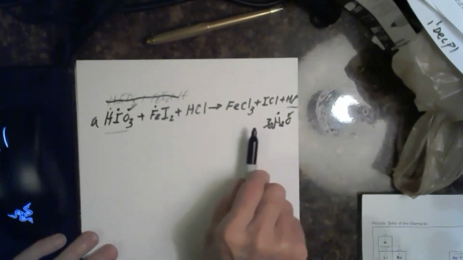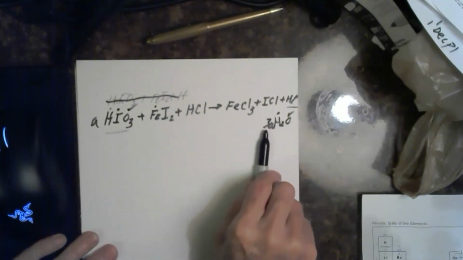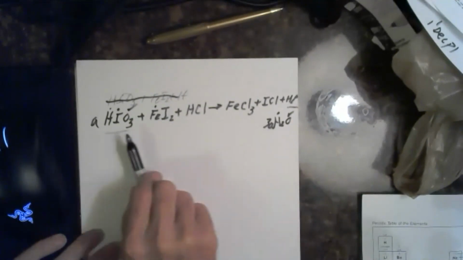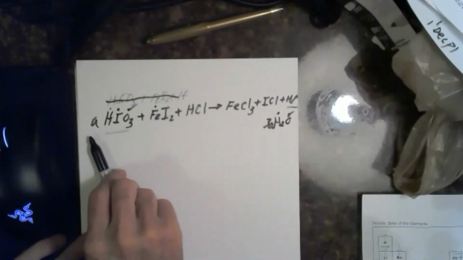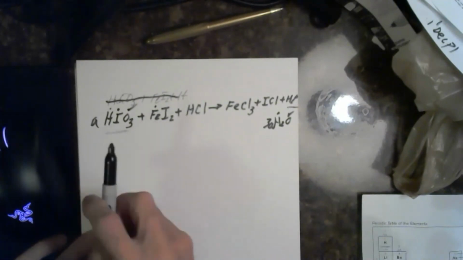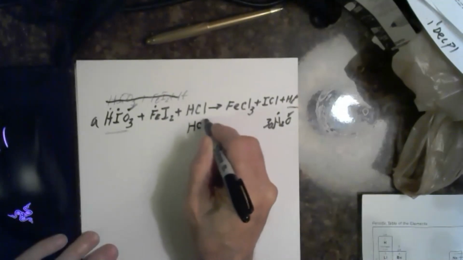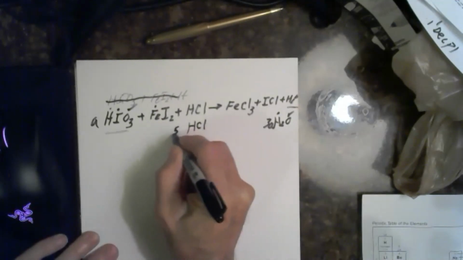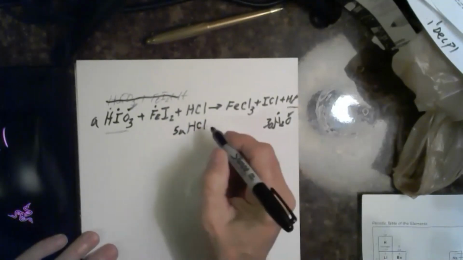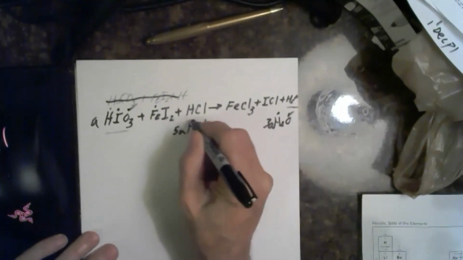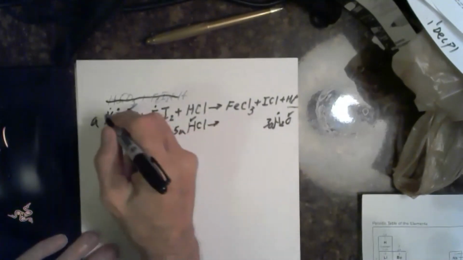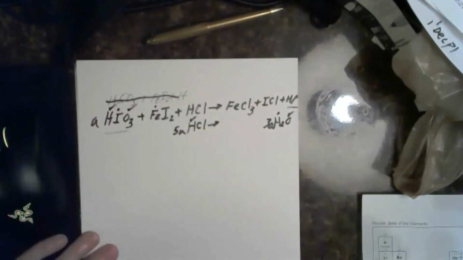Okay, how many hydrogens have I got on the right? 3 times 2 is 6A. I've got 1A here. How many more do I need? That's right, I need 5A. So for the HCl, I'm going to write 5A in front of it. And now that balances the hydrogen.